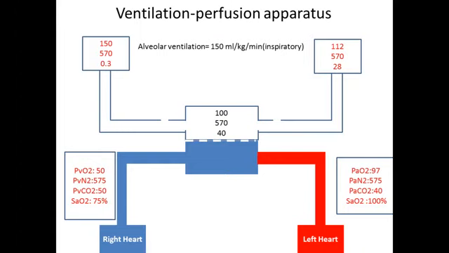Alveolar ventilation is a little bit less, which is around 150, because we are now excluding the dead space. So alveolar ventilation is the minute ventilation minus dead space. When we are talking about ventilation perfusion matching, we are talking about alveolar ventilation, not the minute ventilation.